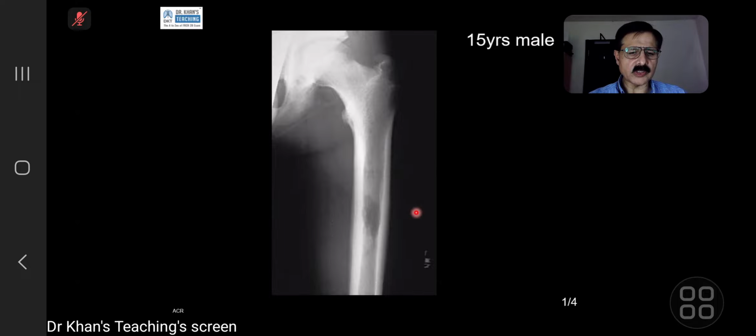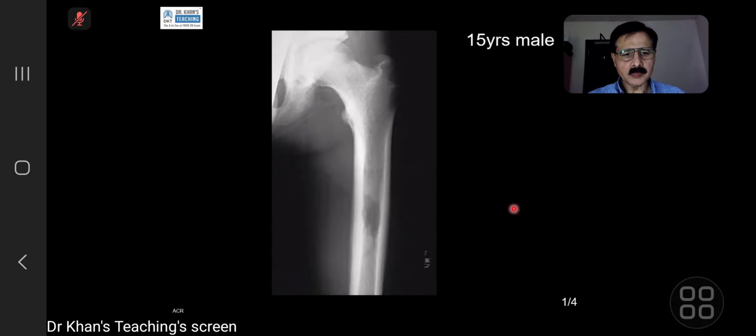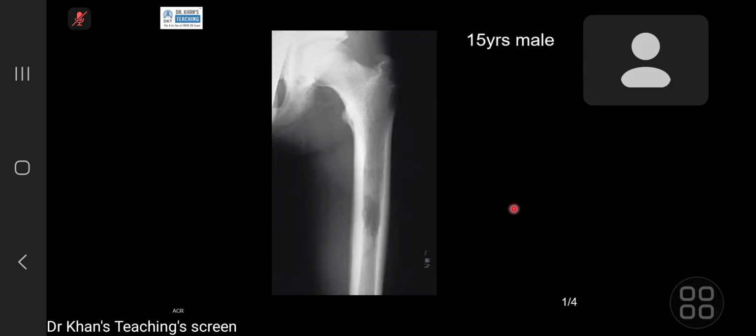15-year-old, how will you describe this lesion? I'm seeing a lytic lesion, which is predominantly within the medullary cavity in the diaphyseal region of the femur, and it has a relatively narrow zone of transition.